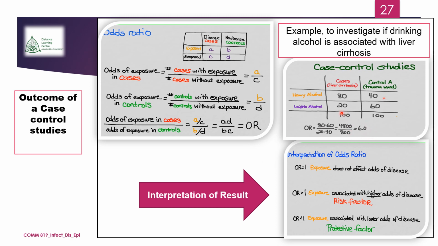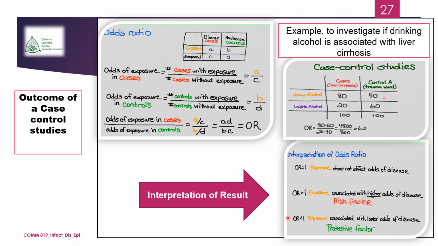So what's the implication of this value, 6.0? Remember the table I gave earlier for interpretation of the odds ratio. If the odds ratio is greater than 1, we say the association is higher, that constitutes a risk factor. If the odds ratio is equal to 1, it means the exposure does not affect the disease outcome.